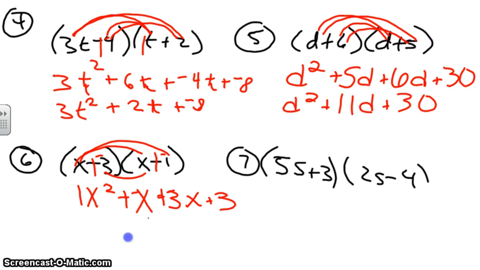Okay. I have -3 and -1. -3x's and -1x is -3 plus -1, right?